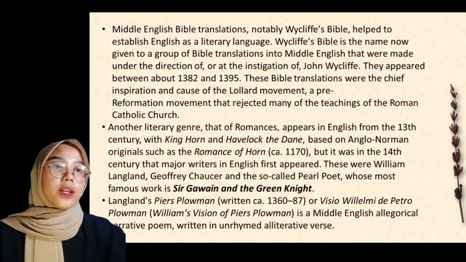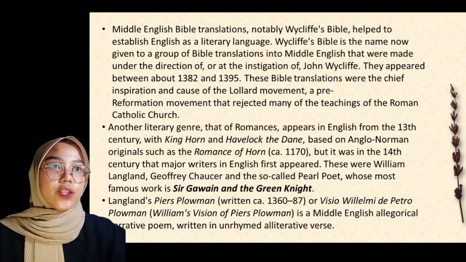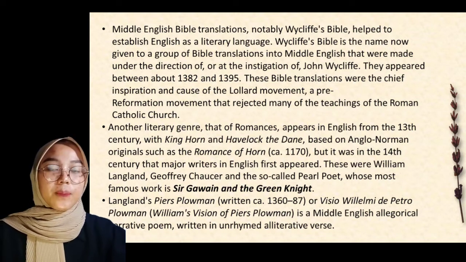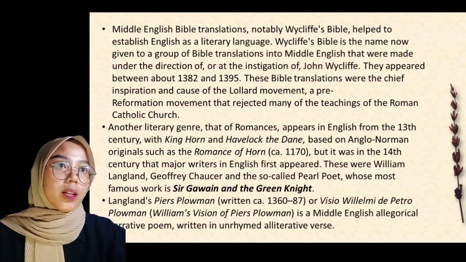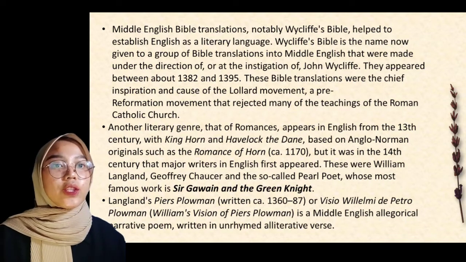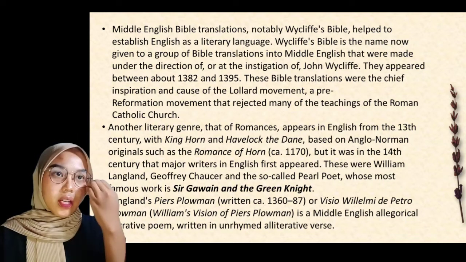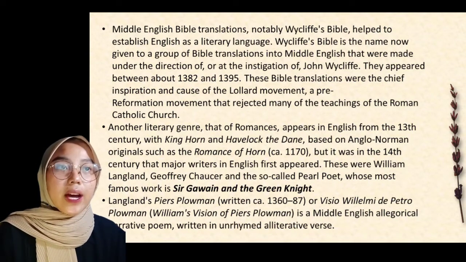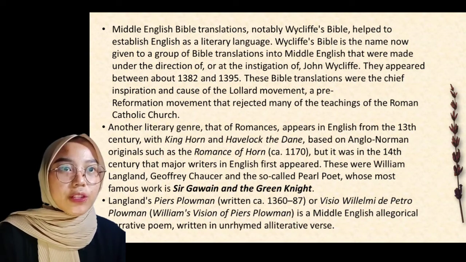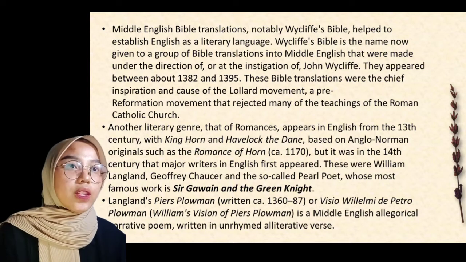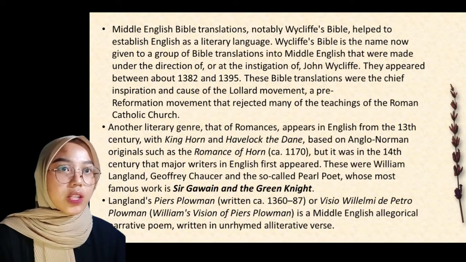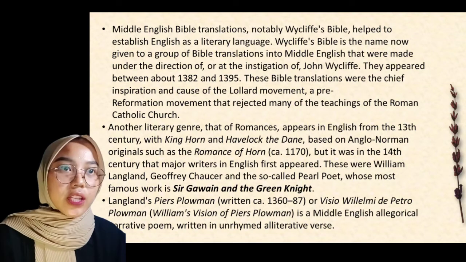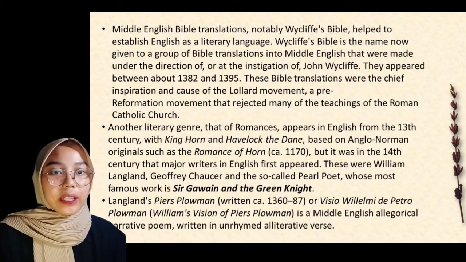Next, Middle English Bible translation, notably Wycliffe's Bible, helped to establish English as a literary language. Wycliffe's Bible is the name now given to a group of Bible translations into Middle English that were made under the direction of, or at the instigation of, John Wycliffe.